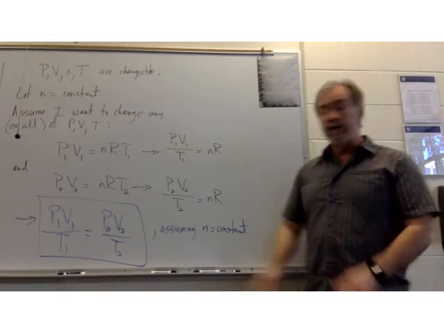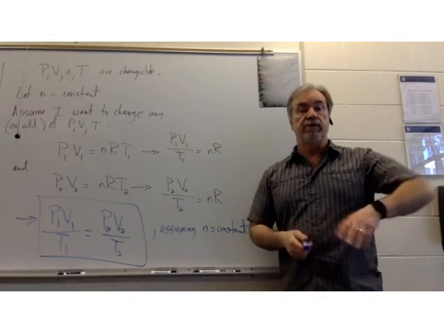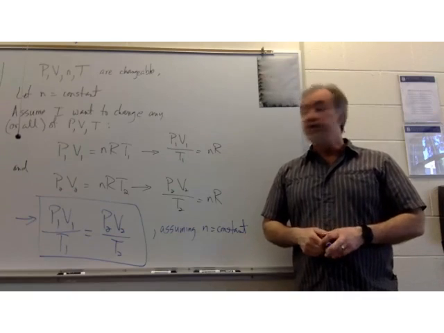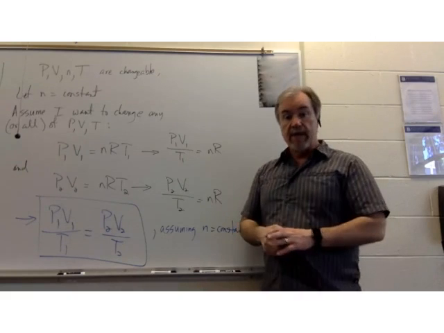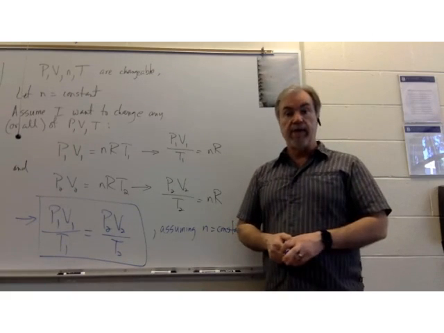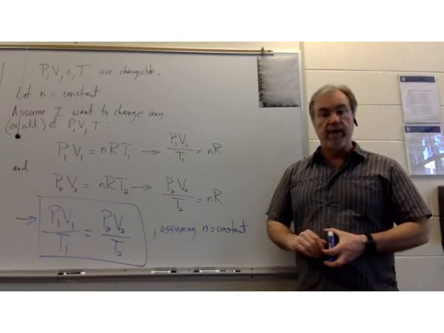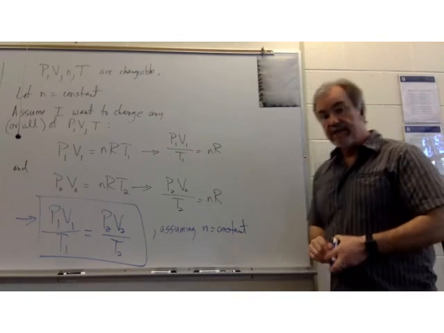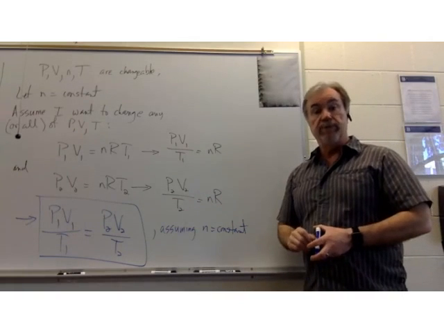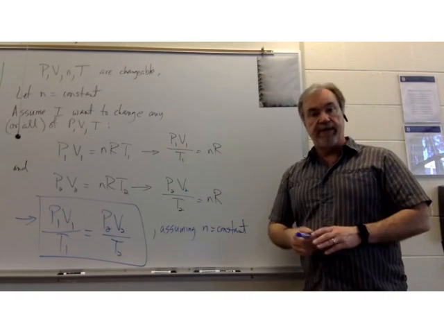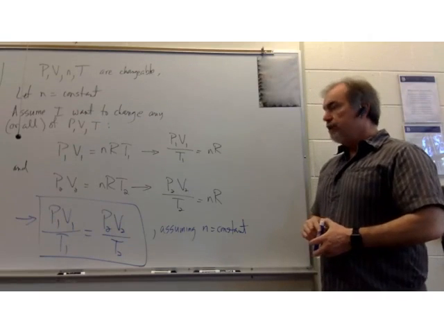There are a lot of easy calculations to do here, but the physics behind this particular expression is that changing any one of these physical quantities automatically alters the others. Okay, and I described that a few minutes ago. So this is a nice, useful relationship, makes for easy calculations. But the thing I want you to pay very close attention to and really get is the physics that this relationship expresses. Okay, so that's good.